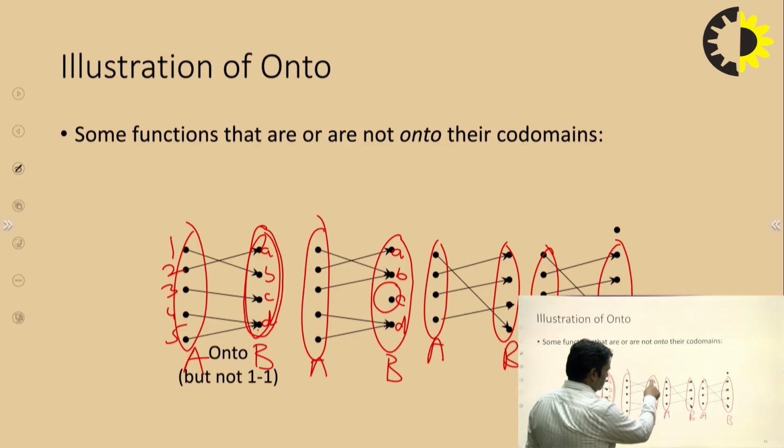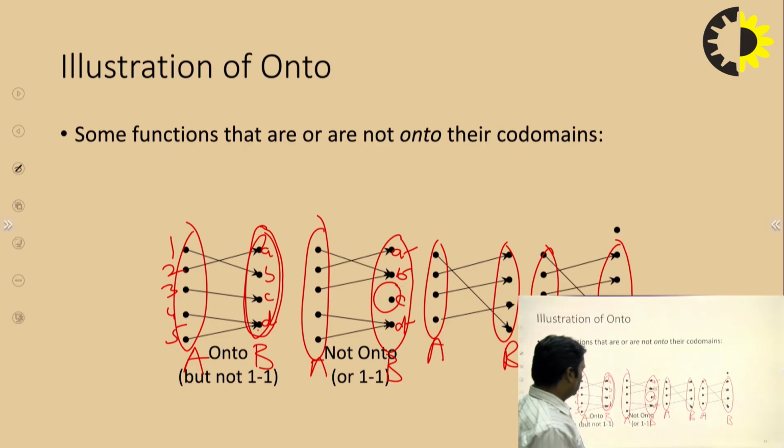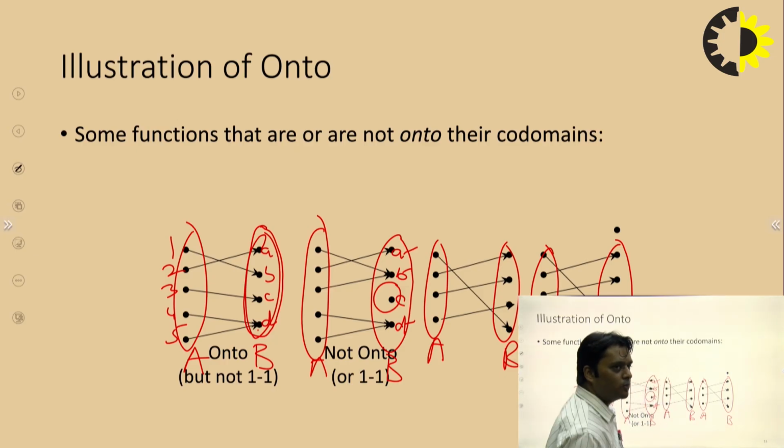It means if we find out the codomain and range of this, then the range will be A, B and D, and the codomain will be A, B, C, D. So codomain and range are not equal. So this is not an onto function, because codomain and range are not the same. According to the definition of an onto function, codomain and range should be equal.